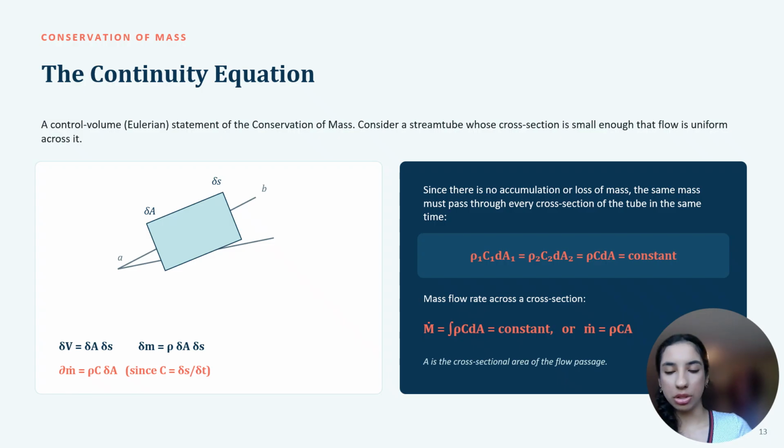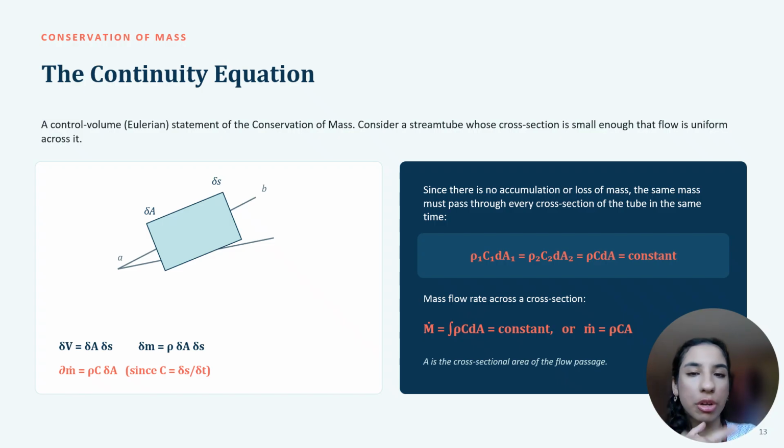First of all, now we're going to simplify this and get into the easiest part, where we've got this equation: rho 1 C1 dA1 equals rho 2 C2 dA2, which equals a constant. So what does that mean? Anyways, here it's just the conservation law.